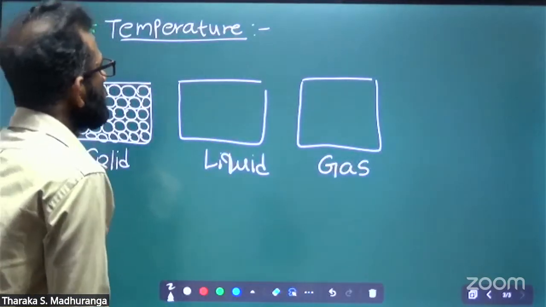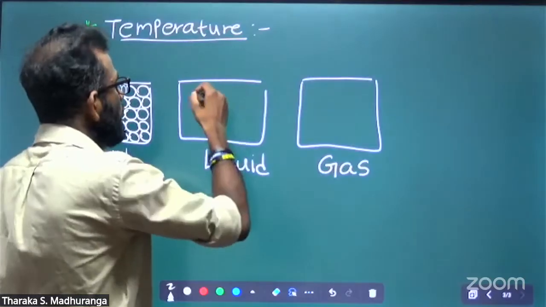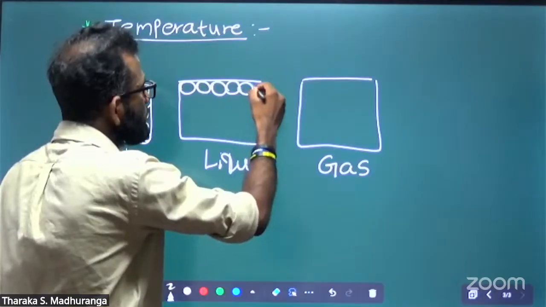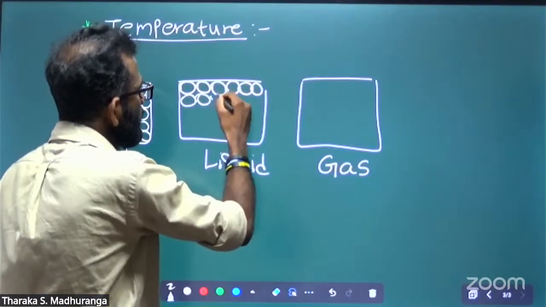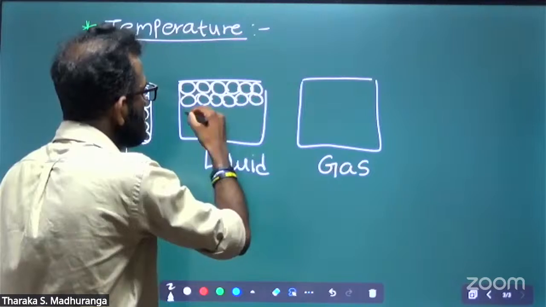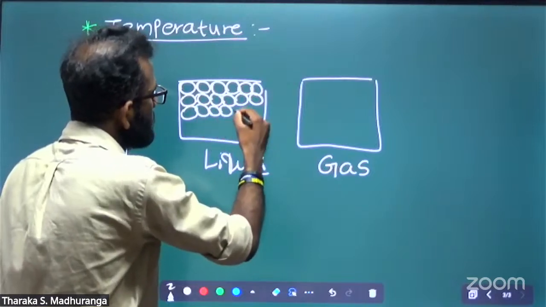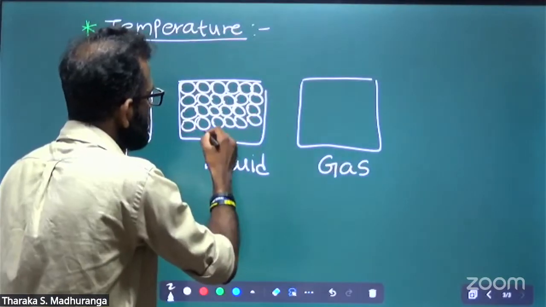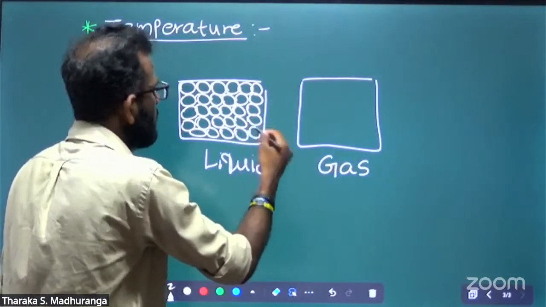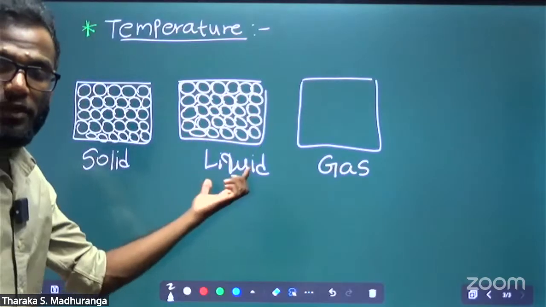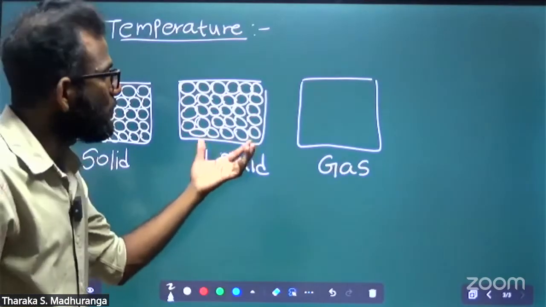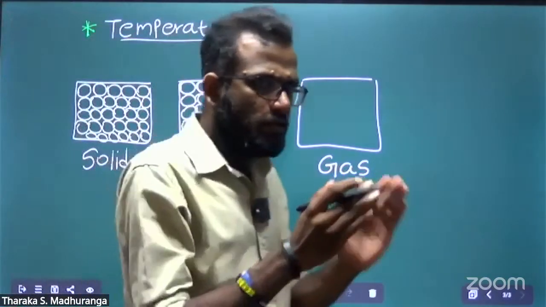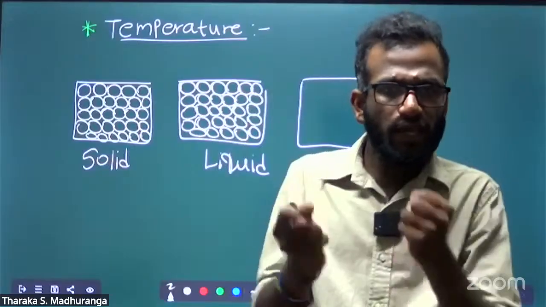If we consider liquids, the molecules are also close to each other, but their intermolecular bonds are less strong than in solids.